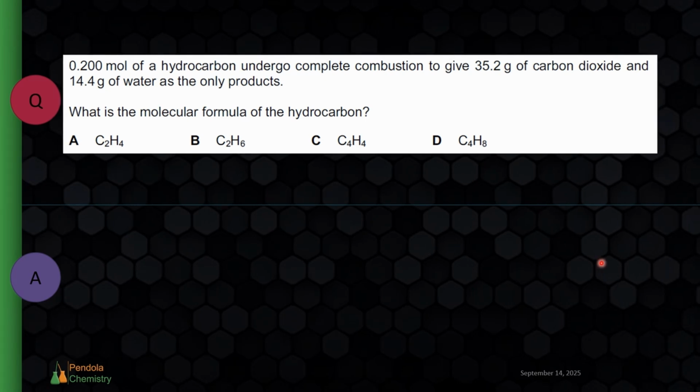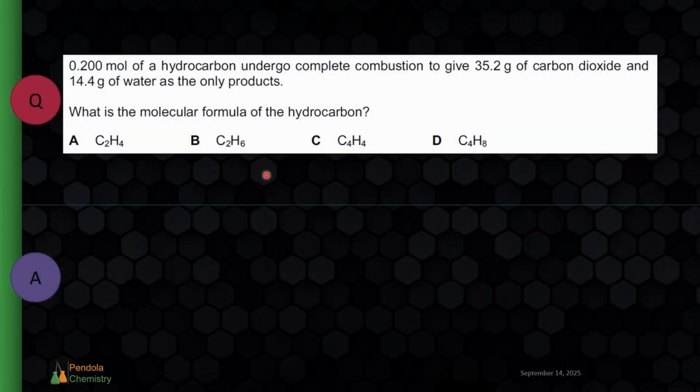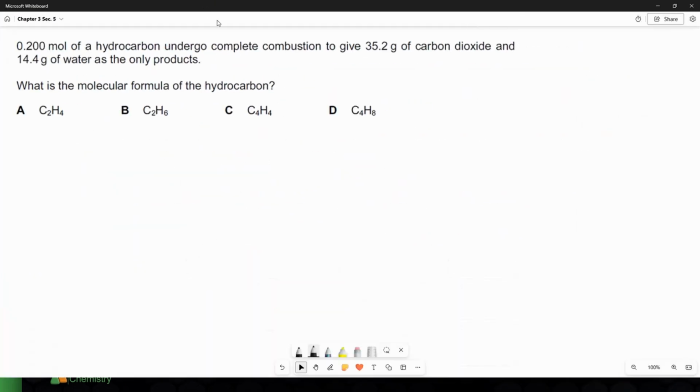Now, again, there are a few different approaches we can take to this, and the important thing here is the knowledge base is what we showed before, what the empirical formula is, what the molecular formula is. But realize that not everything's going to follow the same steps that I showed you. Using critical thinking to figure out questions like this is very important. This is probably one of the hardest questions that we've done so far. So let's look at it.